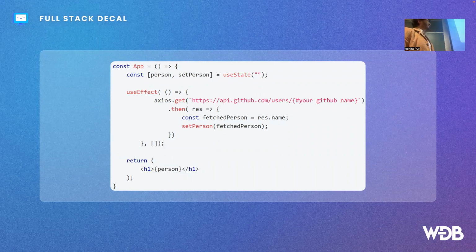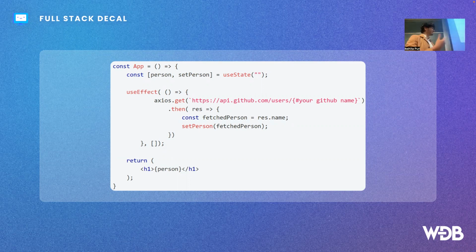This is an example of making an HTTP request in React. So as you see, we're putting the Axios request to get the GitHub data inside a useEffect. Does anyone have any guesses on why we should do this? Yeah, when the page loads up. Yeah, exactly.